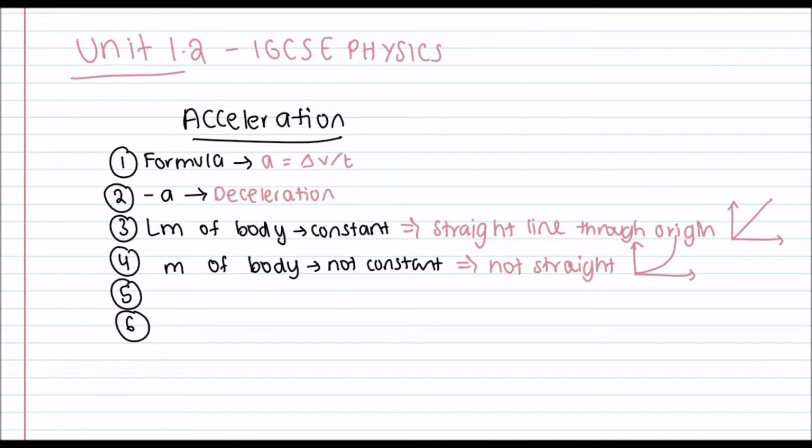The fifth thing is the acceleration of a body that's close to Earth, that's falling. A falling object close to Earth is constant.